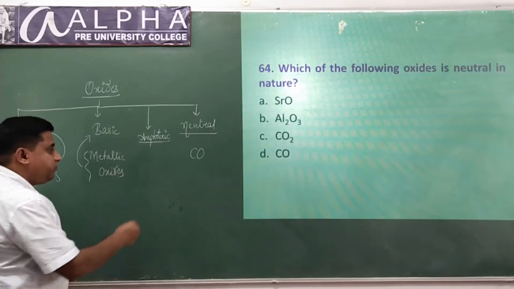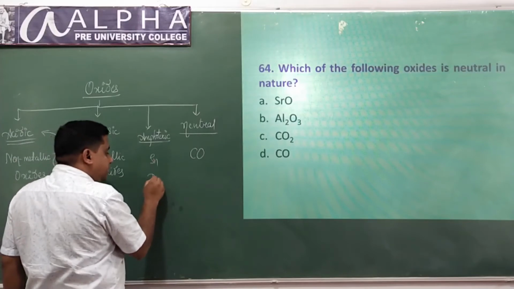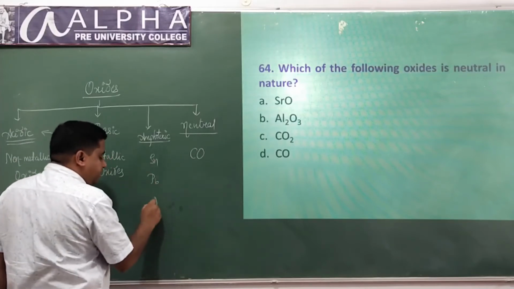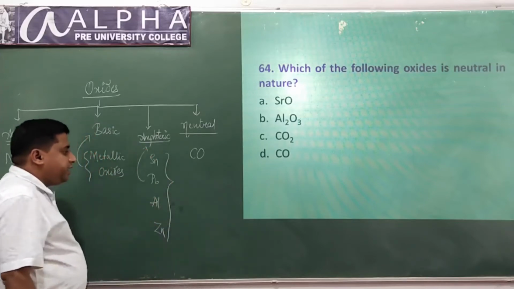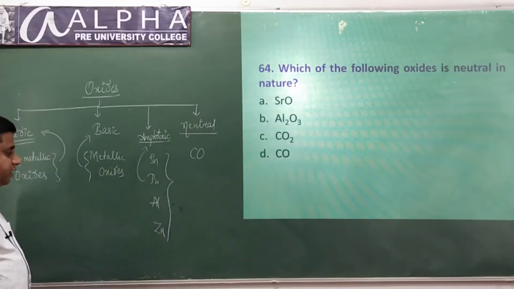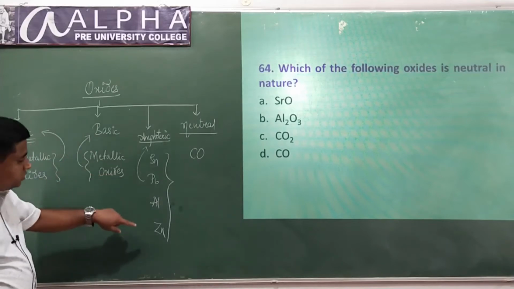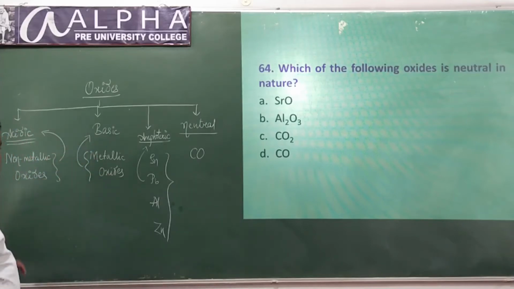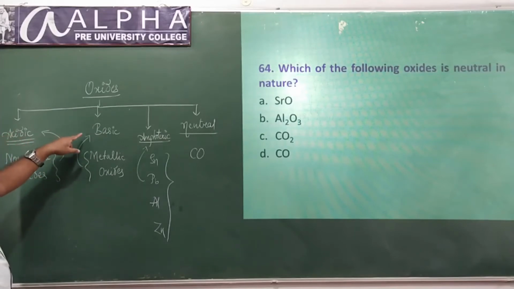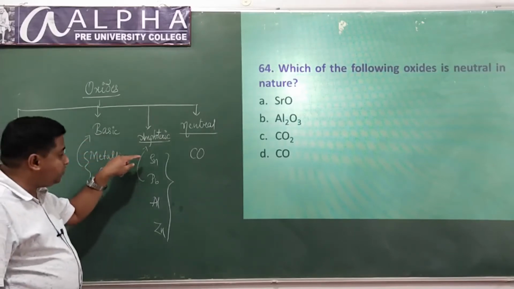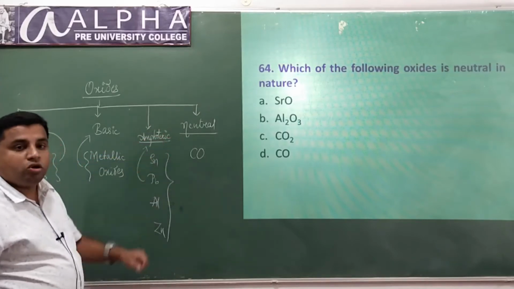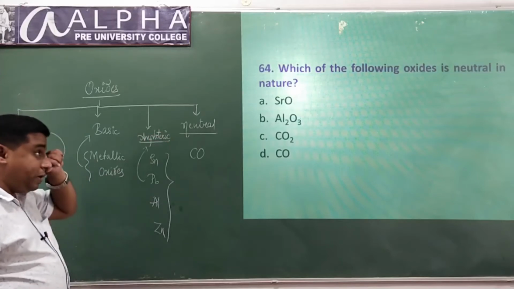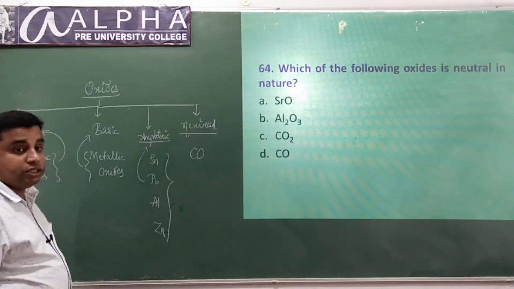Whereas the oxides of tin, lead, aluminium, zinc, all these are amphoteric in nature. So non-metal oxides are acidic, metallic oxides are basic. The oxides of tin, lead, aluminium, zinc are amphoteric, whereas carbon monoxide is neutral. So which of the following oxides is neutral in nature?